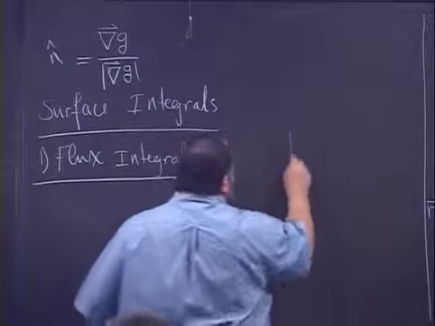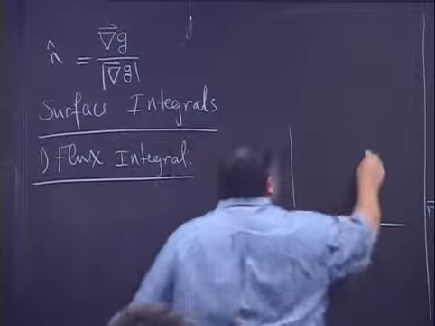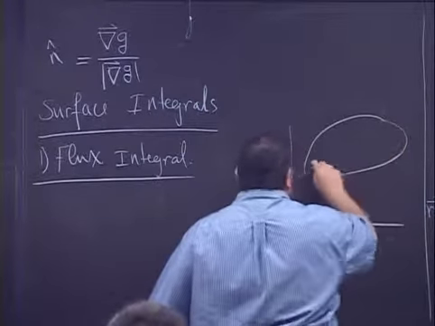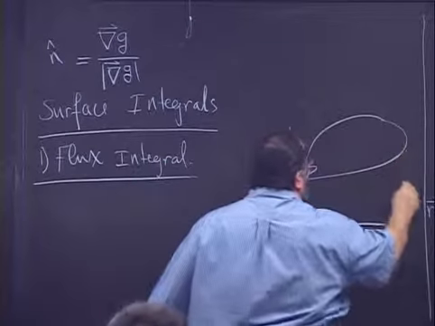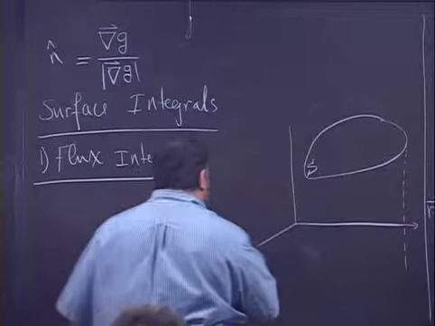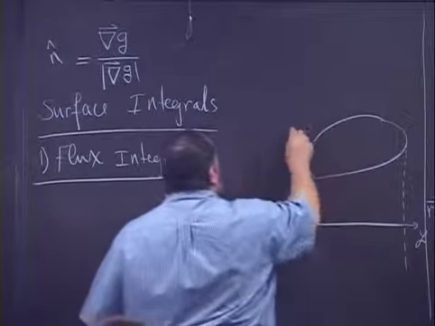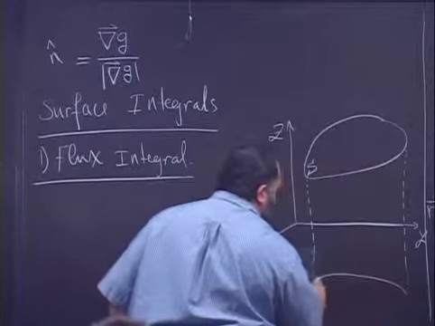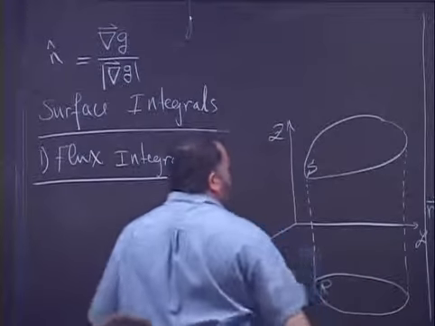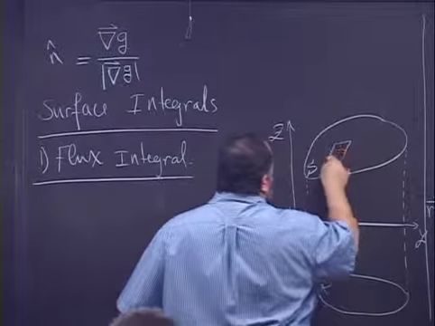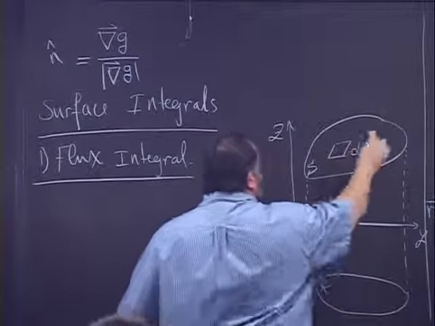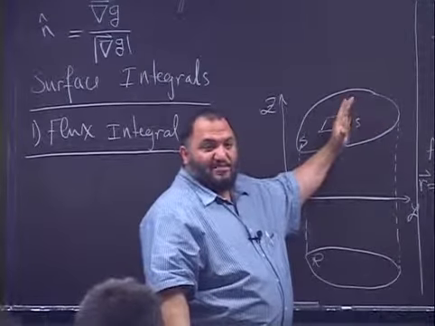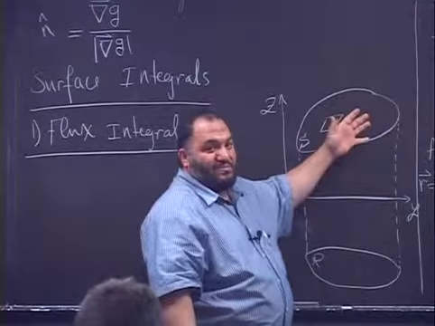So let's assume that we have again a surface S in 3-dimensional space, and the projection of this surface on the XY plane is just some region R. Now if we are able to pick up an area dS on this surface, again this is just a 2-dimensional presentation on the blackboard, but the actual space is not 2D.